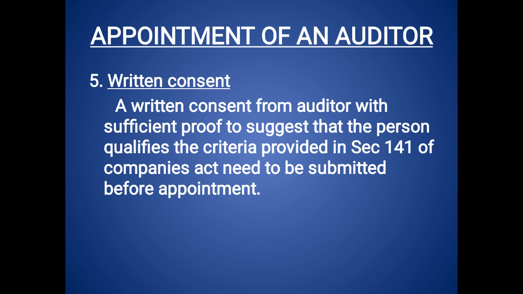Then the next one is written consent. Written consent is nothing but the auditor himself has to provide sufficient proof that he qualifies the criteria provided in section 141 of the Companies Act. Before appointing, he should give his prescribed qualification, the supporting documents, showing the certificate that he is a chartered accountant.